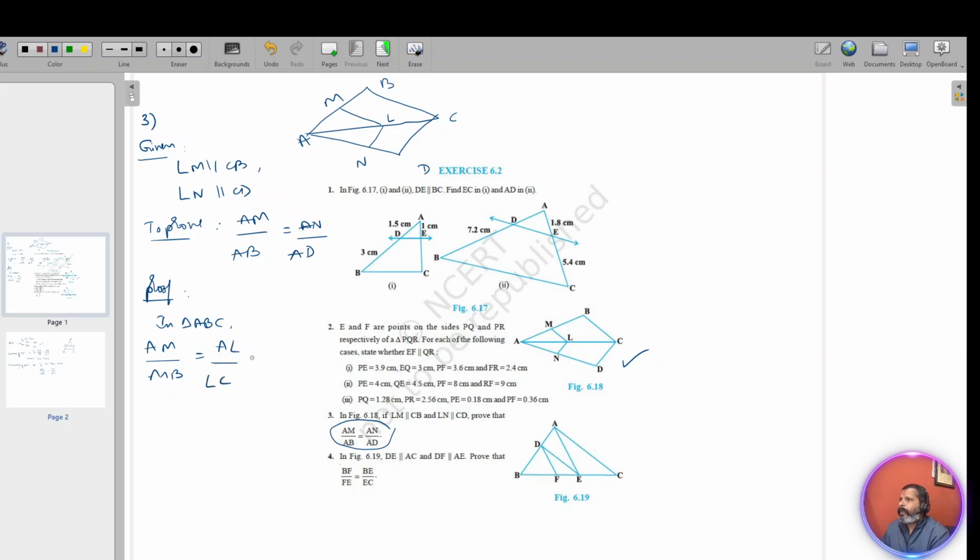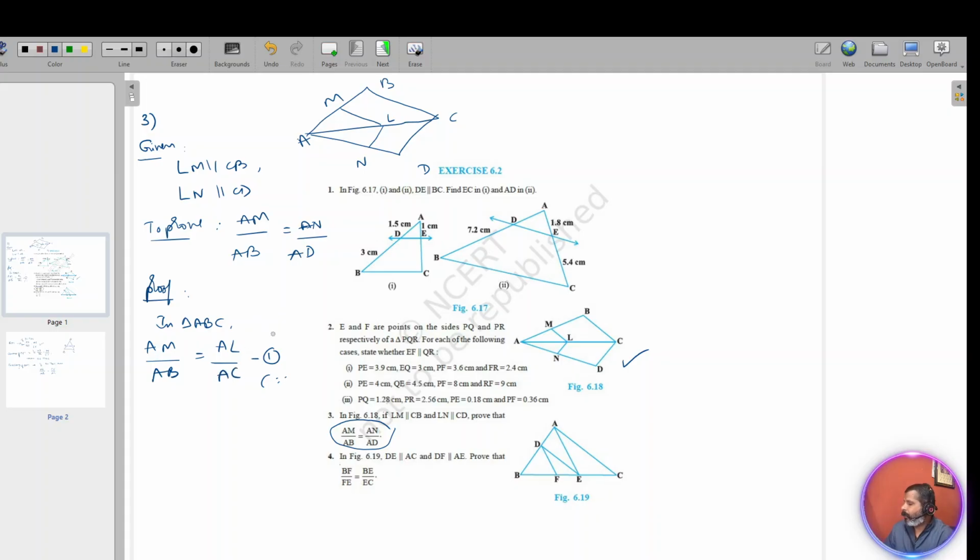Right? Why? Observe, I thought of BPT, but it is not AM by MB. It is AM by AB, meaning corollary. Okay. This corollary they want, that is AM by AB, AL by AC.